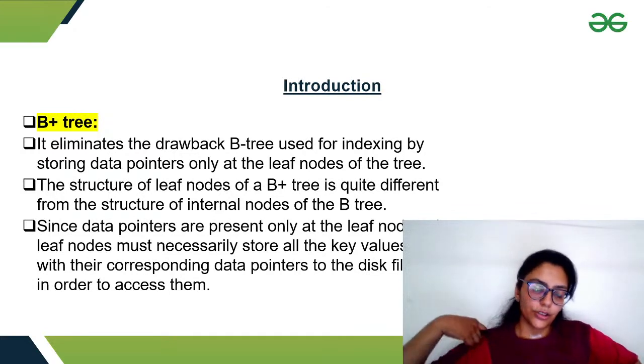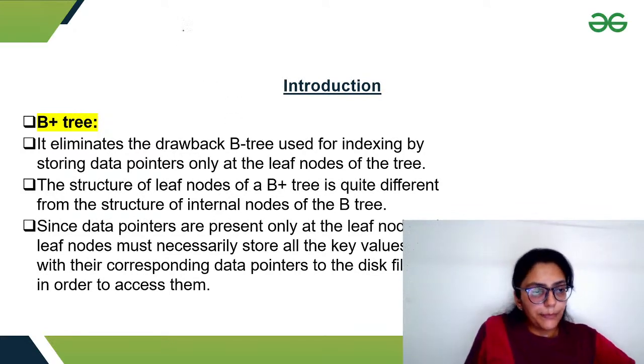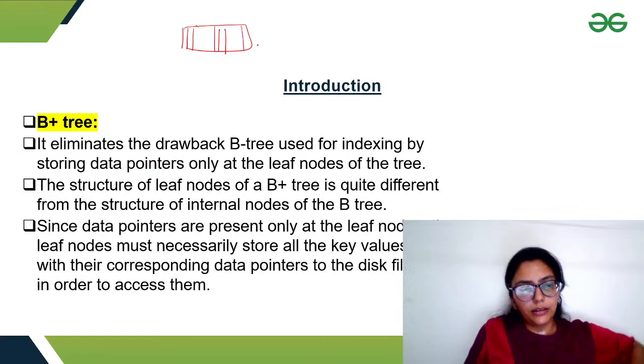So I have already shown you. तो B trees में क्या था, record pointer and block pointer दोनों थे यहाँ पे, पर यहाँ पे थे ये record pointer है, ये record pointer है, ये block pointer number of childs like this, और B plus tree में वो नहीं होगा। तो B plus tree में यहाँ पे सिर्फ block pointers होंगे, right?